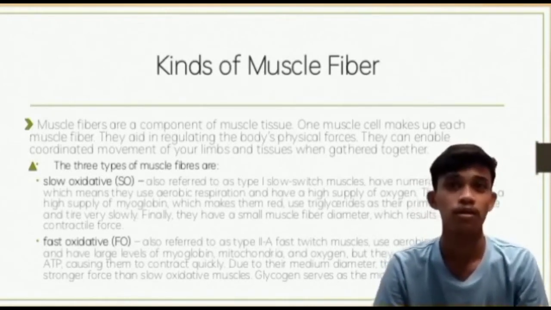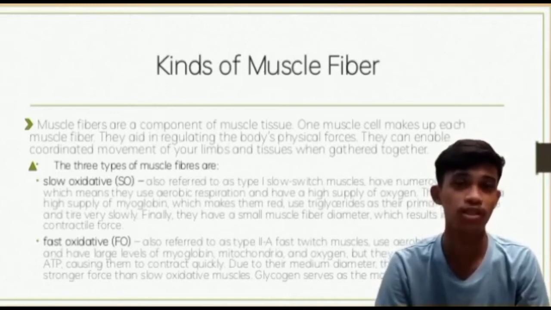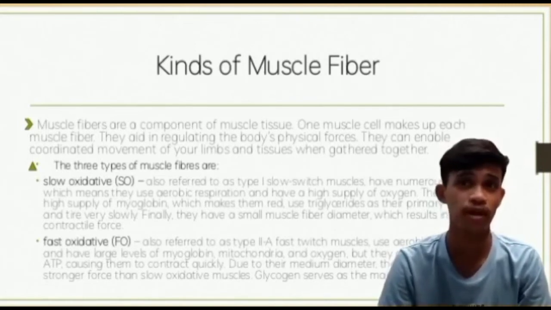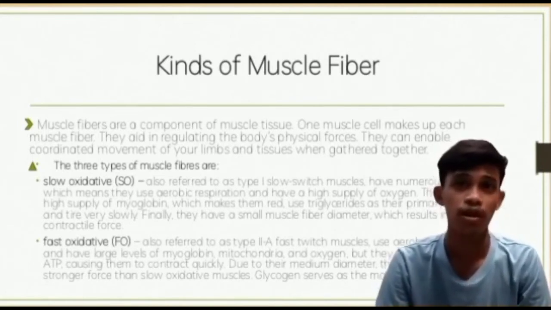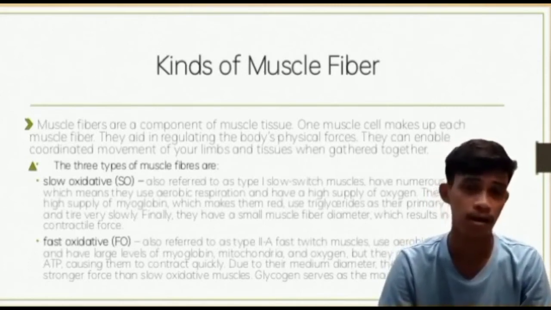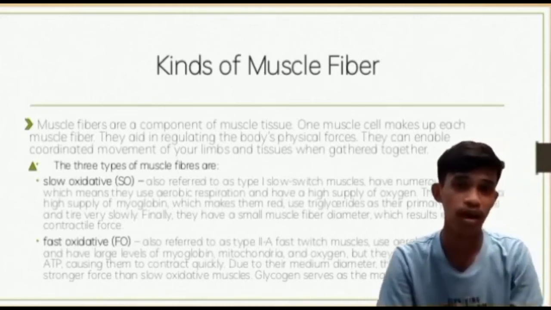These are slow oxidative, known as SO. Long distance exercises like marathon running mostly utilize slow oxidative muscles. They are located in areas of our body like the upper legs and back that demand a lot of support.